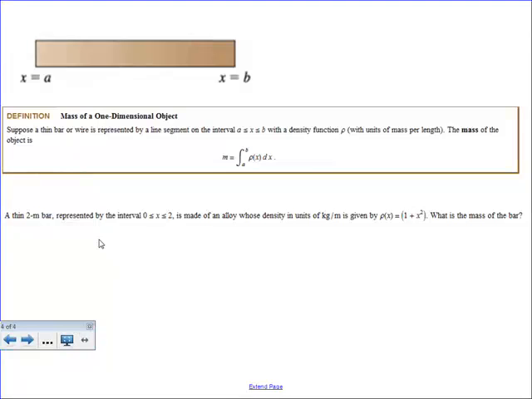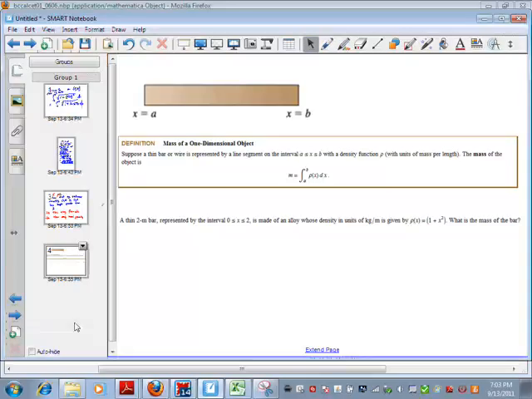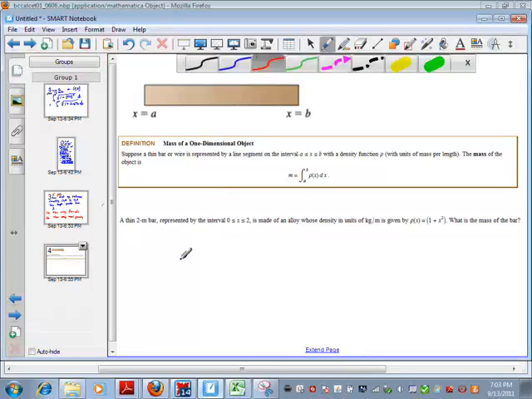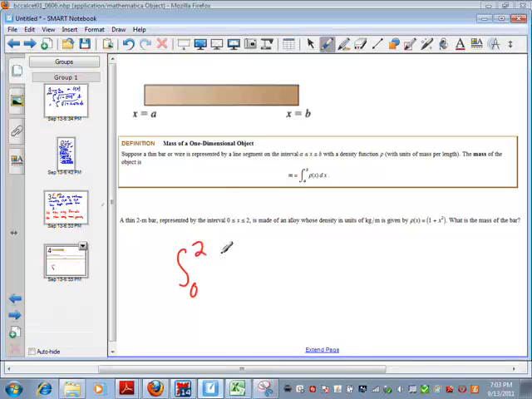It may be the most used mathematical concept in engineering, along with the derivative, of course. No brainer here, right? So the integral from 0 to 2 of 1 plus x squared dx. Absolutely no brainer.